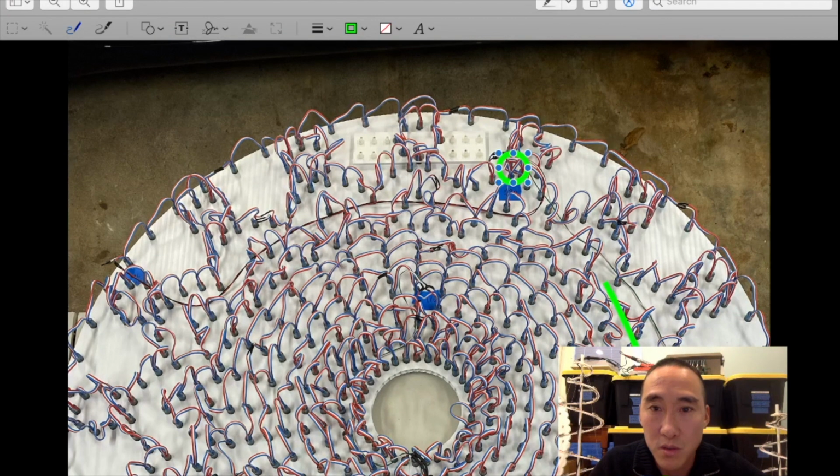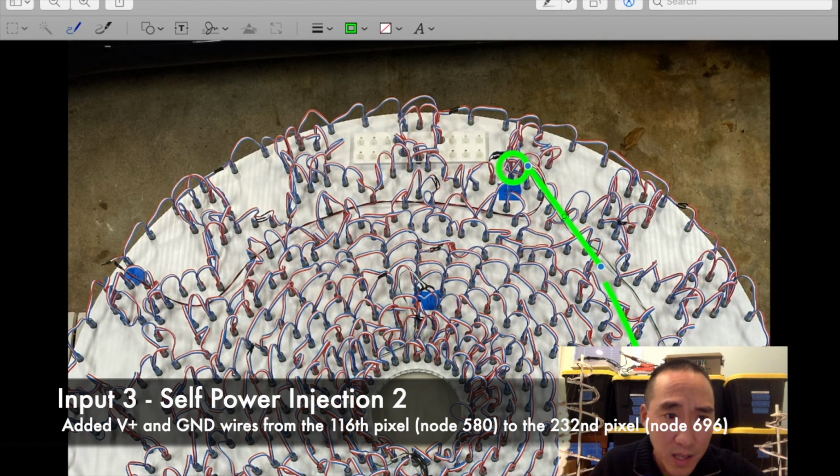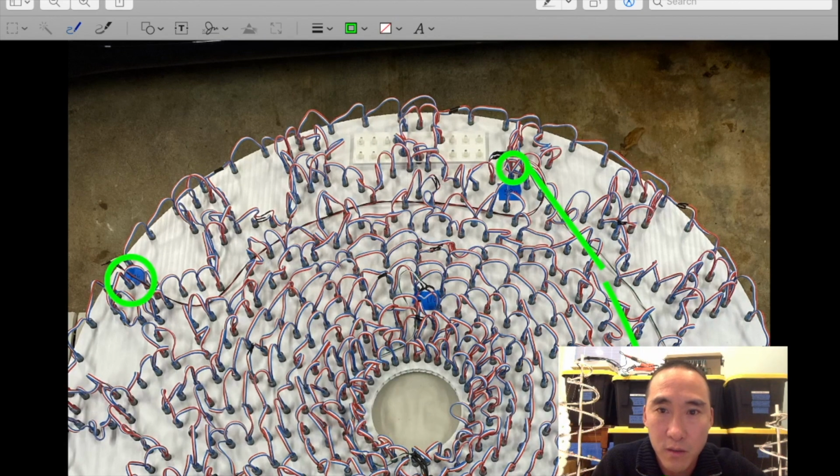So we continue to draw that line to here. And since we're at the top, the last pixel is 696, which is over here. I continued on from 580 and ran around and connected right in here, since it was much shorter than starting from the bottom and going back up and around again.